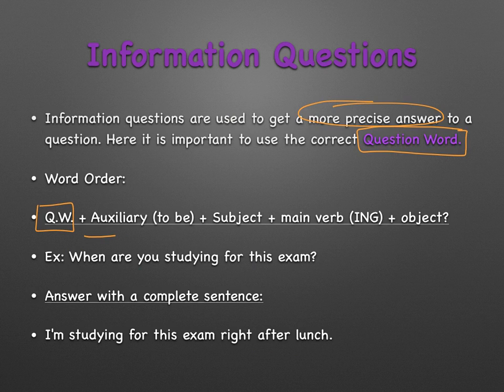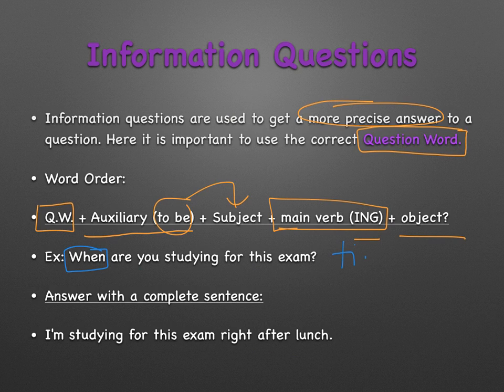And then it's exactly the same as for the yes-no question. You will find your auxiliary to be that agrees with your subject. And then the main verb in ing and the object. Example, if I say when, it means that I'm looking for a time.